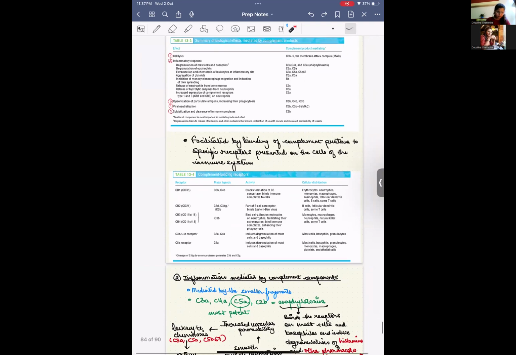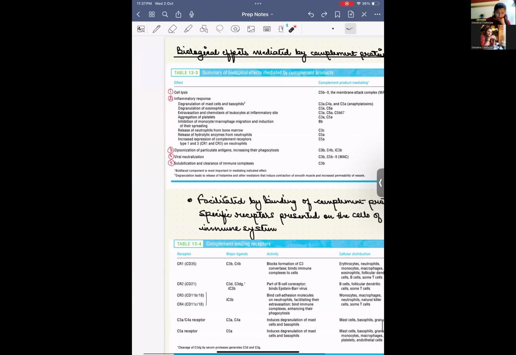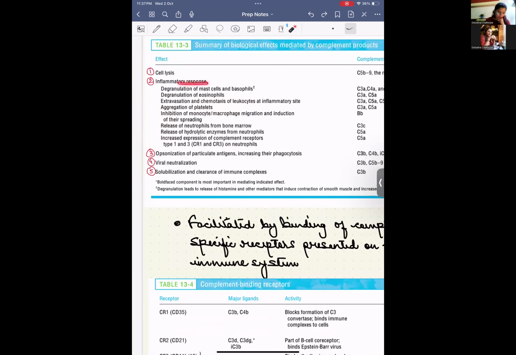For any of the biological effects to be mediated, we understand by now that there has to be binding or involvement of some sort of receptors, right? Complement proteins in themselves bring about cell lysis, but if it has to mediate an inflammatory response, it involves a lot of cells.